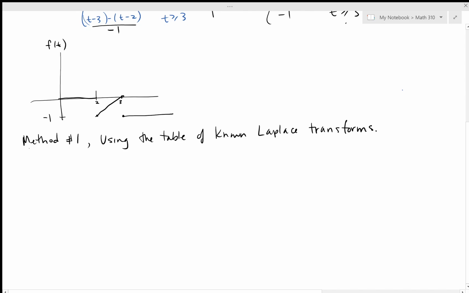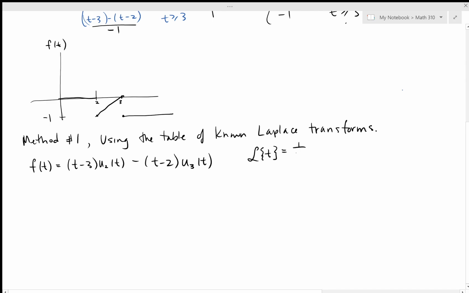The function is f of t equals t minus 3 times u2 of t, minus t minus 2 times u3 of t. Then let me go to the table and get the relevant Laplace transforms. That would be the Laplace transform of t. I can see I'm going to need to use that.